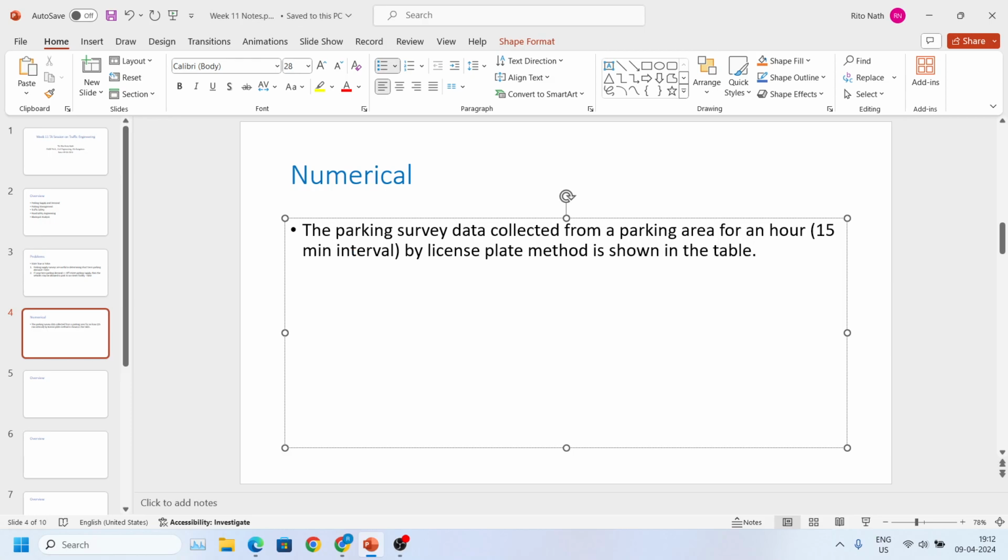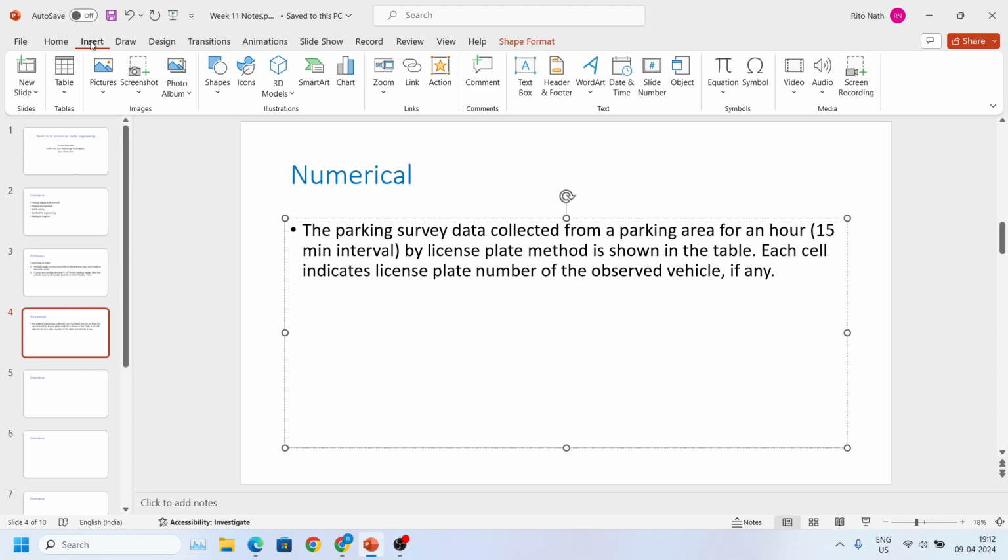Each cell indicates the license plate number of the observed vehicle, if any. So I'll give you the table now. Let me insert it: 5 columns and 9 rows.